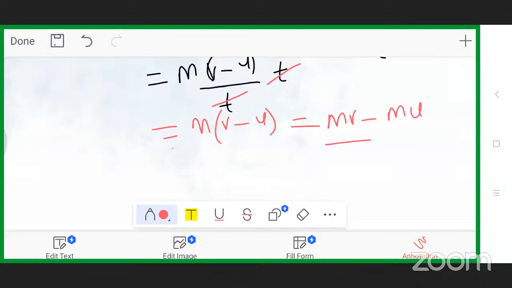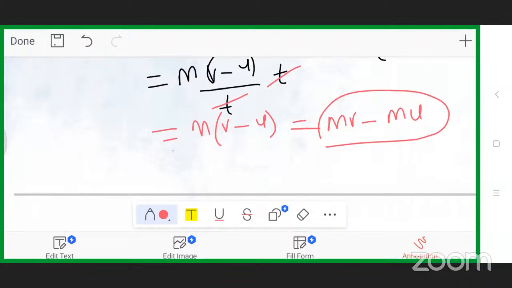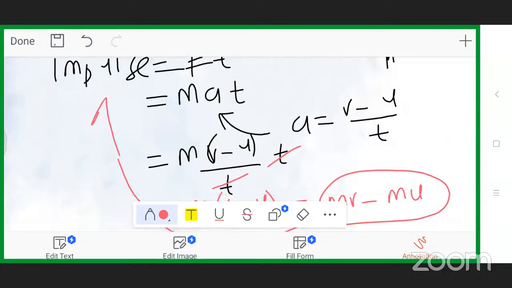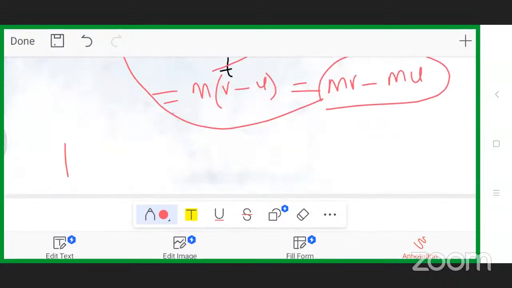Now, if you check this one here, it is something familiar for us. What is that, mv minus mu? What does it give you? Change in momentum. Now we can make a relationship. So the impulse can also be found as the same change in momentum, that's mv minus mu.